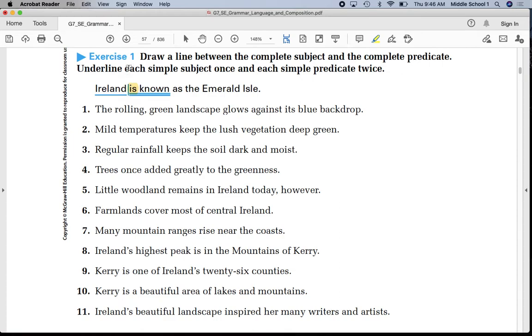Thirdly, I'm going to put a line between the complete subject and the complete predicate. As we mentioned before, some of us might want to start out by highlighting, underlining, or putting parentheses around the prepositional phrases. In my sample sentence, if I take away my prepositional phrase as the Emerald Isle, all that's left is the subject and the predicate.